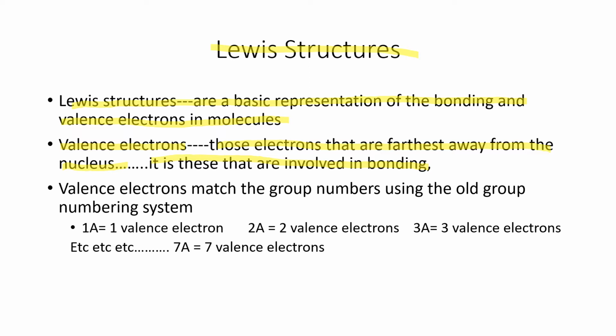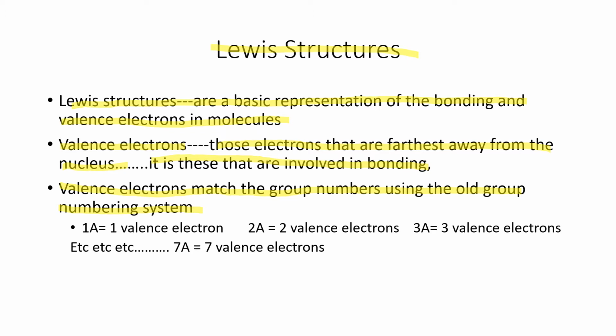And you don't have to go through and write electron configurations every time you're trying to figure out valence electrons. Remember that you can quickly figure out how many valence electrons by looking at the periodic table. Valence electrons match the group numbers using the old group numbering system.